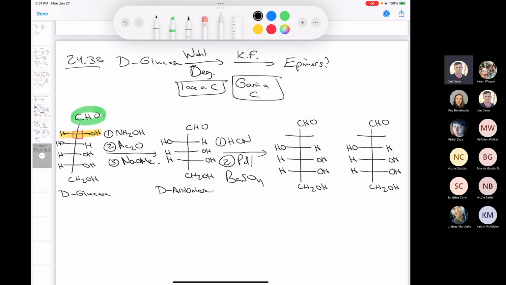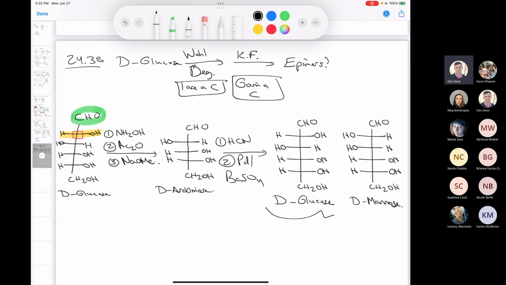And I'm going to put the hydroxyls on opposite sides. On this one, I'm going to put it over here. That's what we started with. That's D-glucose. And then I'm going to put the other one over here on the left. And we end up with D-mannose.